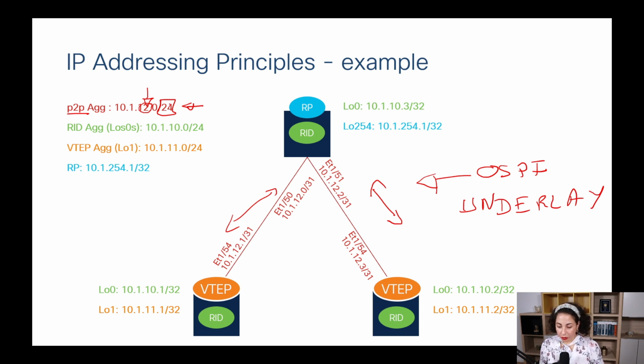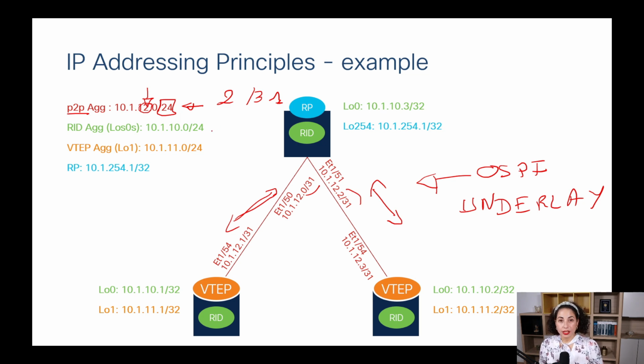Long story short, we will be using 10.1.12.0/24 for the point-to-points, and I will simply take the first two /31s to configure our point-to-point interfaces. So here I have the 0/31 and here the 2/31.